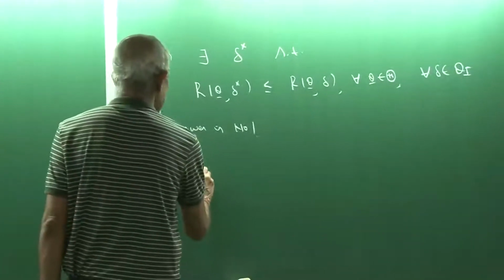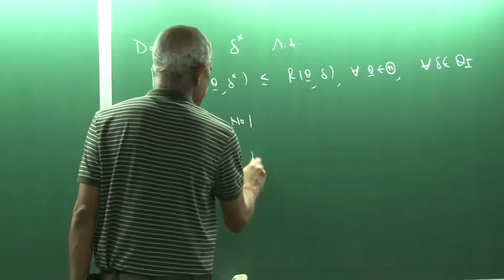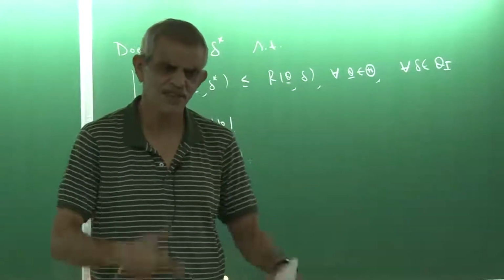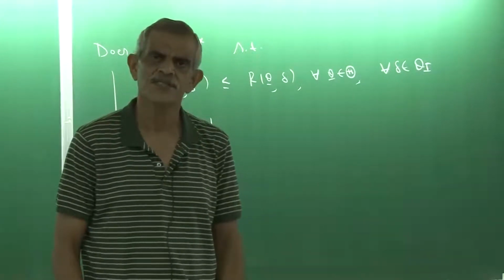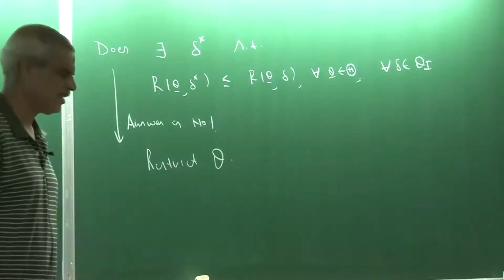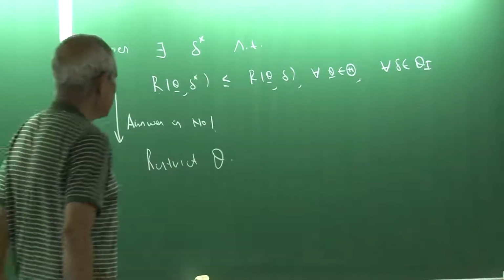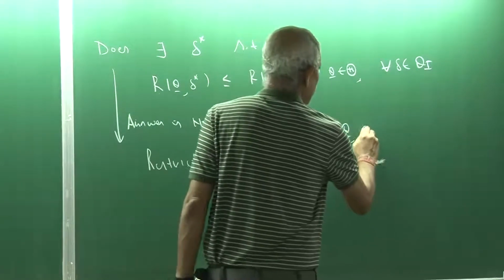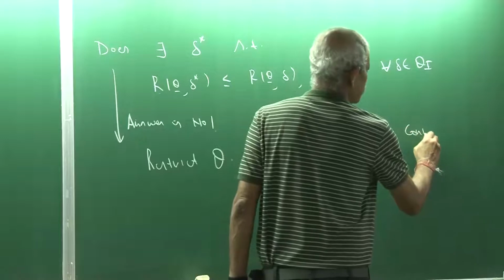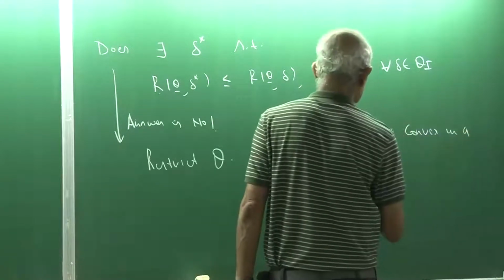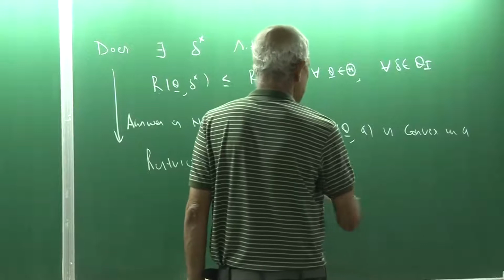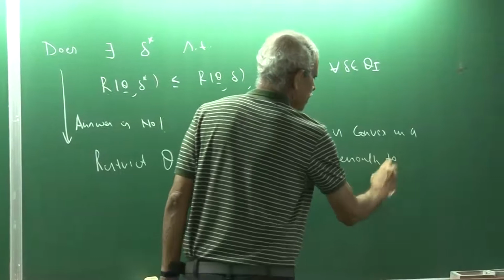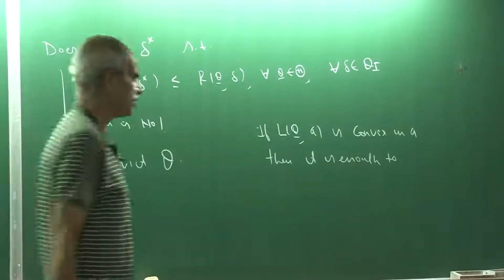So you restrict D by imposing certain restrictions or some other criteria which you use to eliminate estimators in D. Of course, one thing we saw is that if L(theta, a) is convex in a, then it is enough to consider only non-randomized estimators.